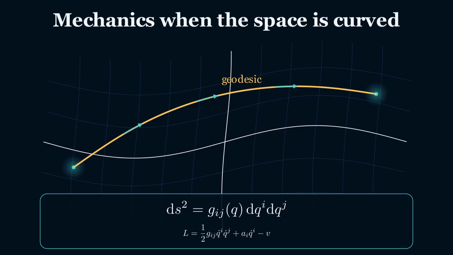This leads naturally to the curved space Lagrangian, the canonical momentum, and the Hamiltonian. The geometry also determines the free classical trajectories. They are geodesics, paths that are locally as straight as the curved space permits. This classical structure later controls both the phase and the focusing of the quantum propagator.